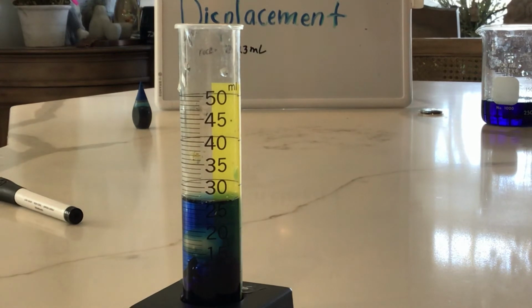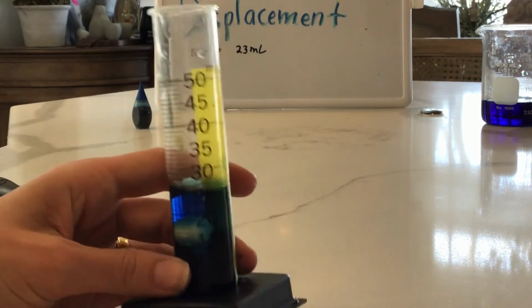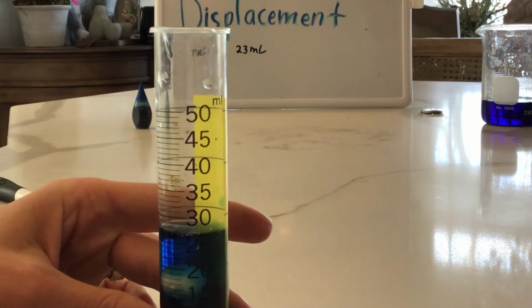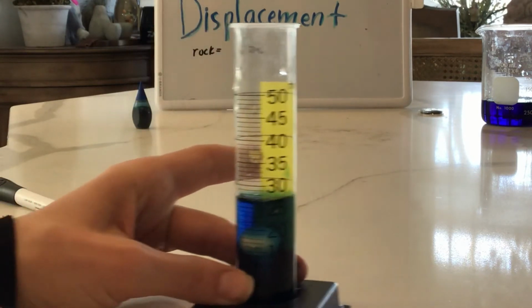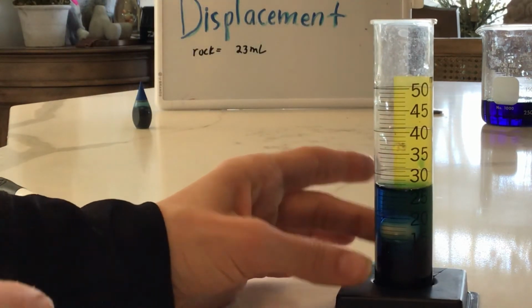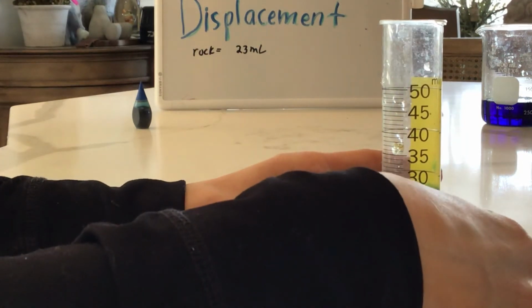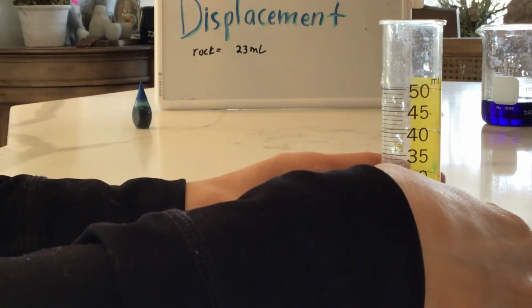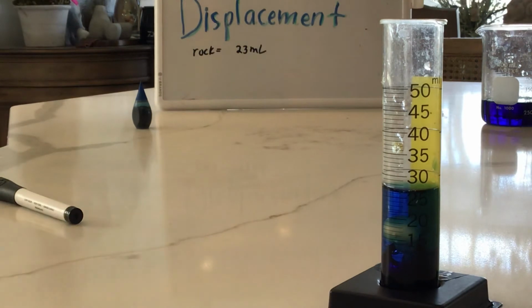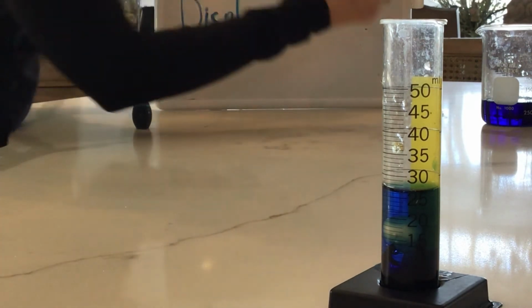Now, it started at 25. Let's see if I can get a little bit closer with you guys so you guys can see it. Well, now it's at 26, 27. So, we started at 25.